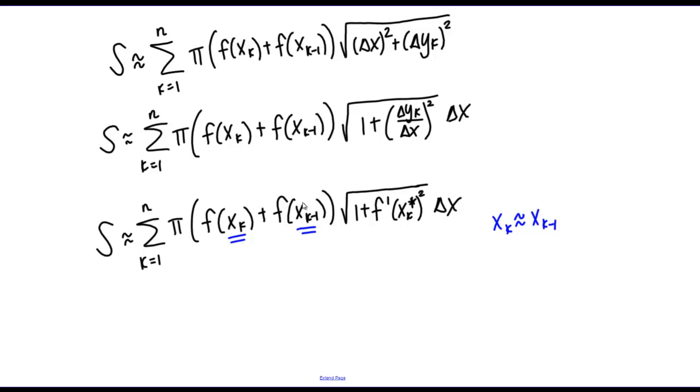And I'm going to go one step further and say that they're both really close to a special point x sub k star that's in that same subinterval. Now, because f of x is a friendly continuous function, I can also say then that f of x sub k is approximately equal to f of x sub k minus 1, and that that's approximately equal to f of x sub k star.